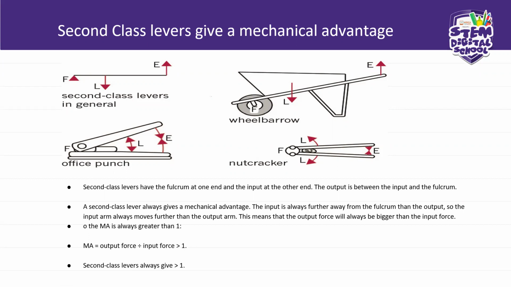The mechanical advantage is always greater than 1. So it's MA equals output force divided by input force is greater than 1. Second class levers always give a greater than 1 mechanical advantage. So now you can look at the input arm and just see that this gives you a mechanical advantage.